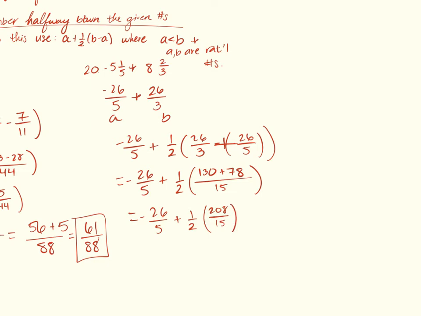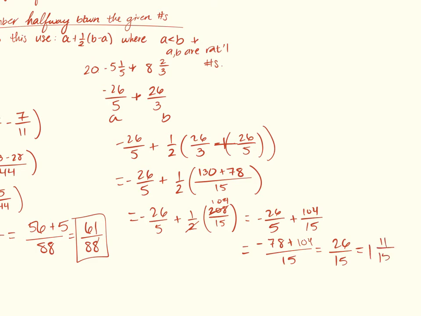So this will be equal to negative 26 over 5 plus 104 over 15. Common denominator is 15, so I'm going to multiply by 3, so we get negative 78 plus 104 over 15. So this will be 26 over 15. Since we started with a mixed fraction, we're going to end with a mixed fraction, so that's going to be 1 and 11/15.